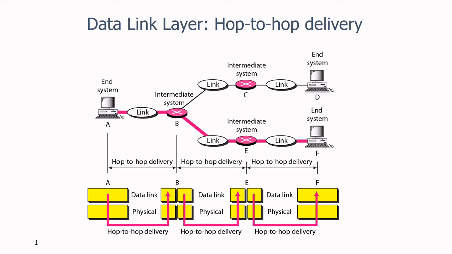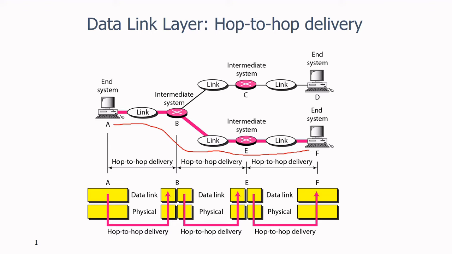Okay, so at first what we need to look at is what's the path that's going to be chosen in order for the data to go from A to F. So this is going to basically be the path, right? Because there are no other paths in this particular scenario.